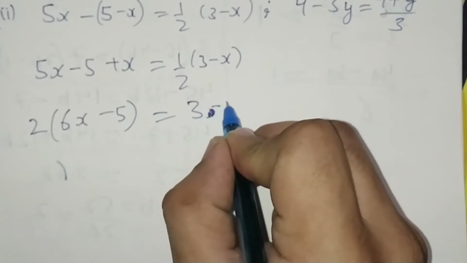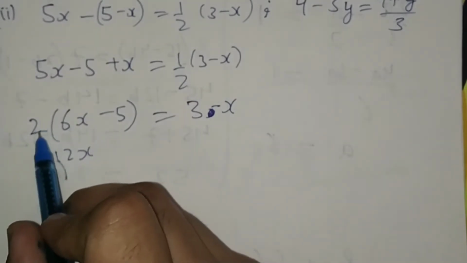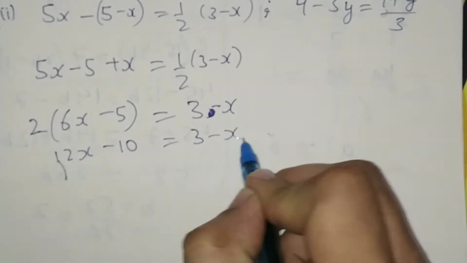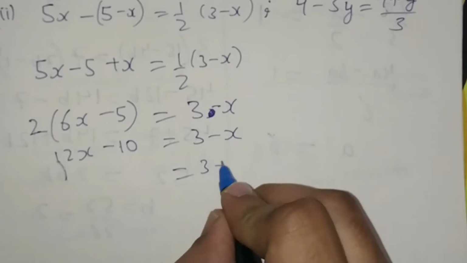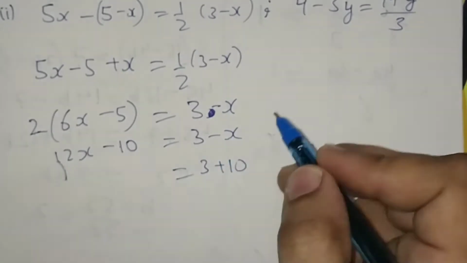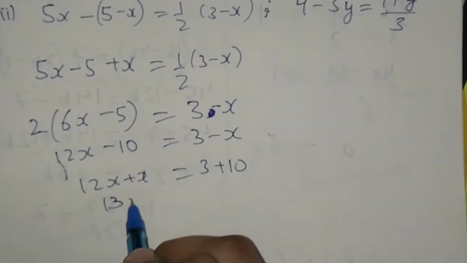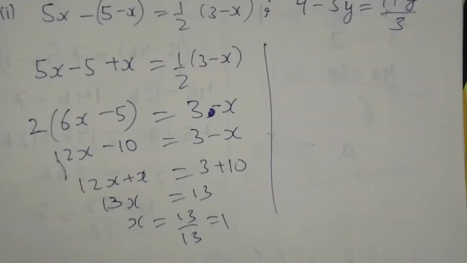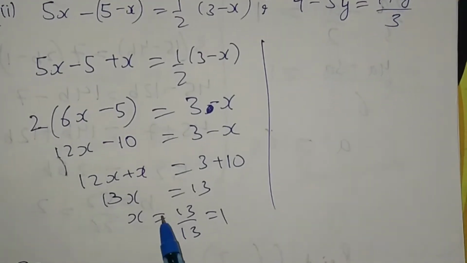Now this is 12x minus 10 is equal to 3 minus x. This 10 will change into positive, 3 plus 10, and this minus x will also change into positive, 12x plus x. So 13x is equal to 13. So x is equal to 13 by 13, which is equal to 1. So this is the solution of your first equation, x is equal to 1.